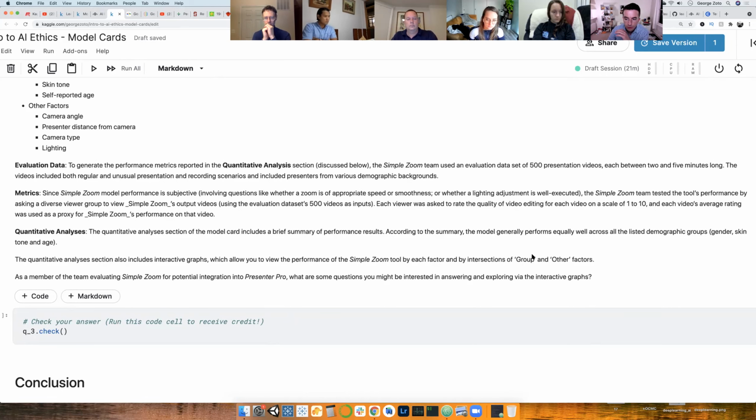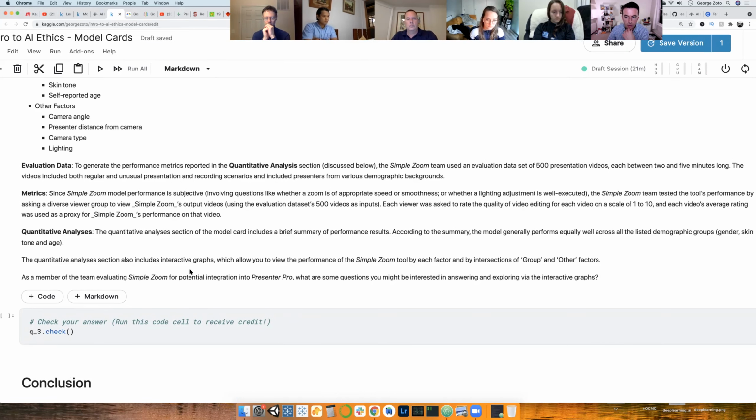So then something we need to look at is, how does the score change when we look at different groups, maybe by gender, by skin tone, or age. So basically, is Simple Zoom doing a good job for different genders, for different skin tones, and different ages? That's something we need to keep in mind.